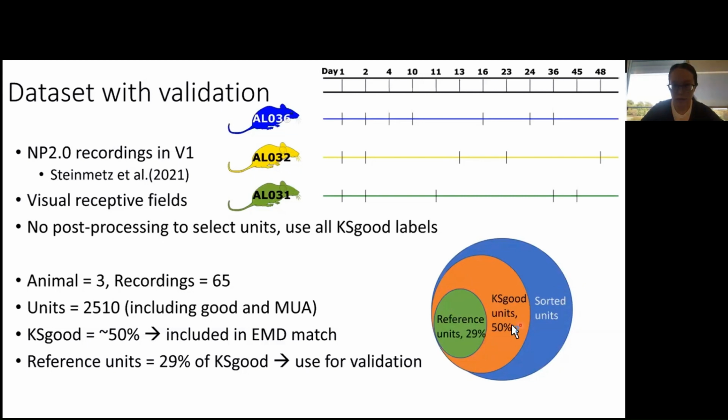This Venn diagram shows that the Kilosort good units are roughly half of all the sorted units we have. And the units with reference information are around 29% of all the Kilosort good units, which means around 15% of all the sorted units.